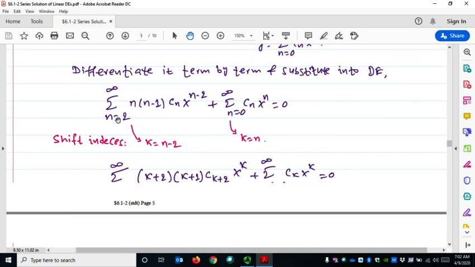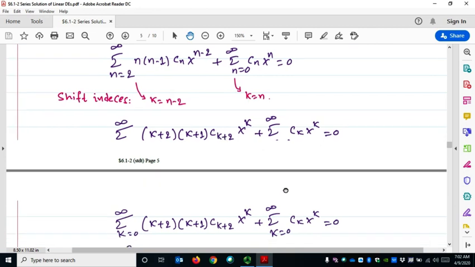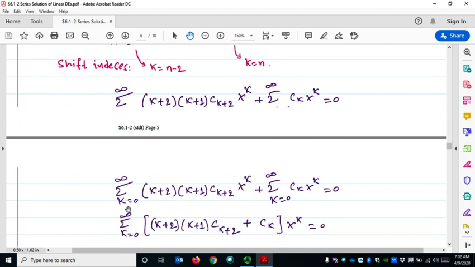The summation starts from 2 here, and from 0 here. So put k equals n minus 2, then your summation starts from k equals 0, with n equal to k plus 2, so (k plus 2)(k plus 1) c_(k+2) x to the power k. We have to match this summation so that we can factor the summations out later.